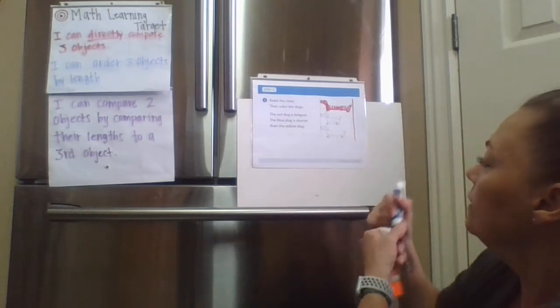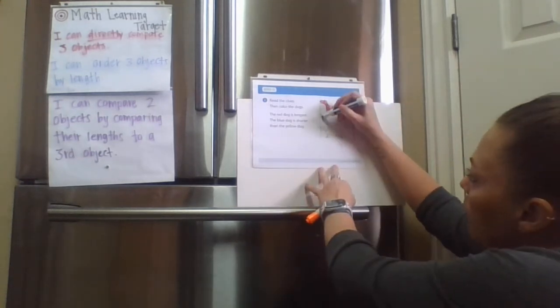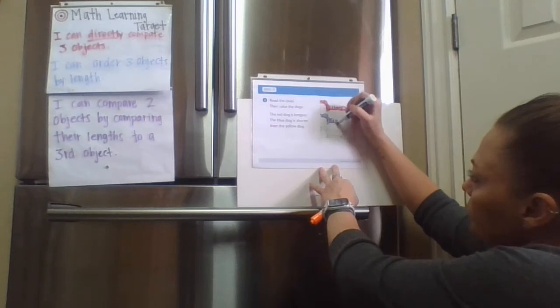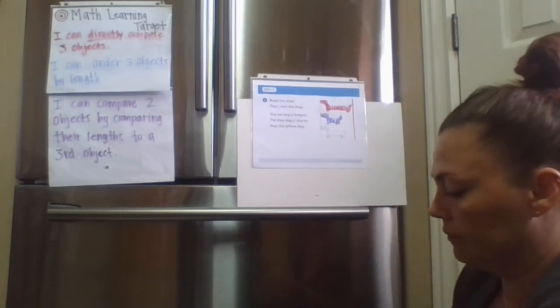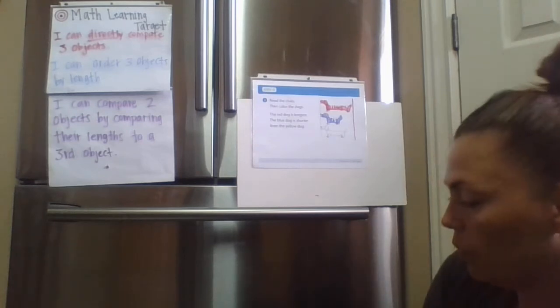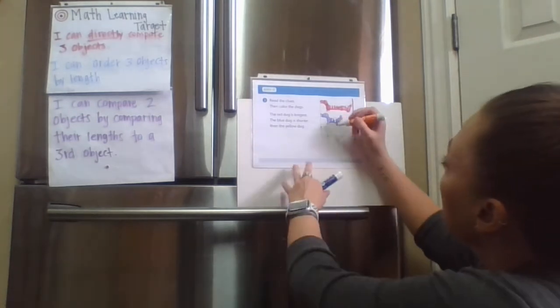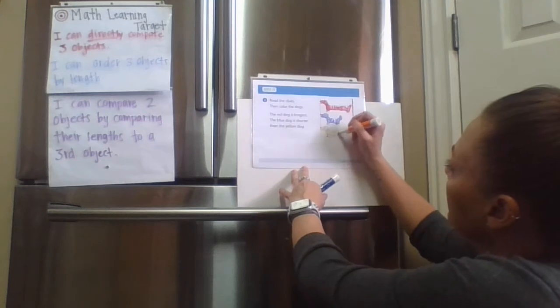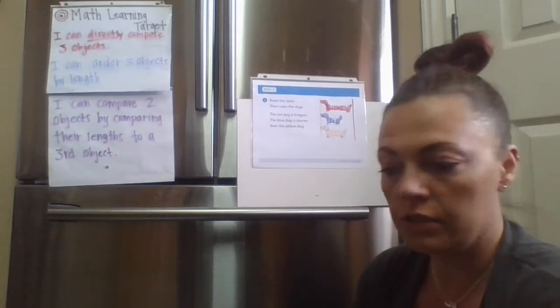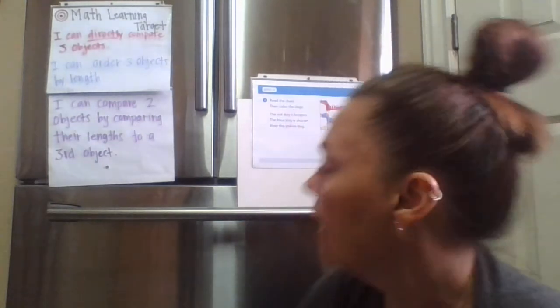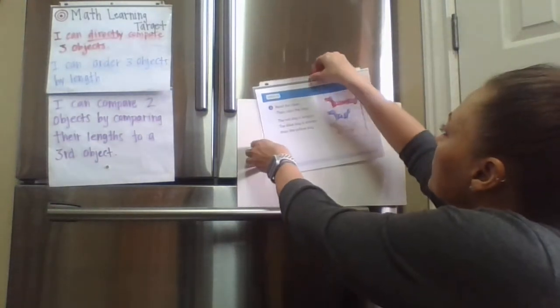This one's shorter, right? So we would color that one blue. And this one would be yellow, but remember I don't have yellow, so I'm going to color it orange. Okay, so that's using your thinker to figure out shorter and longer.